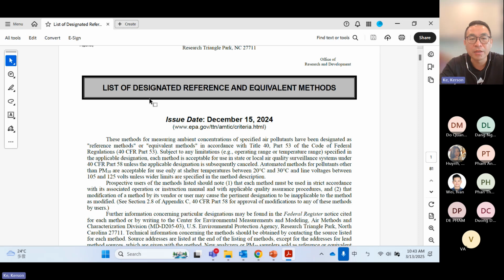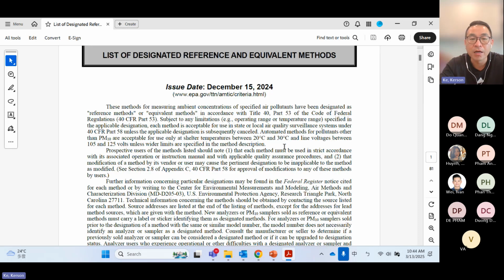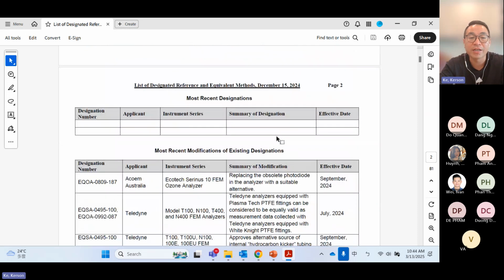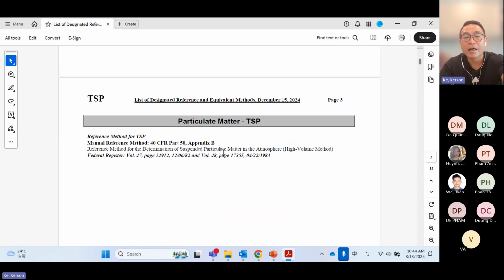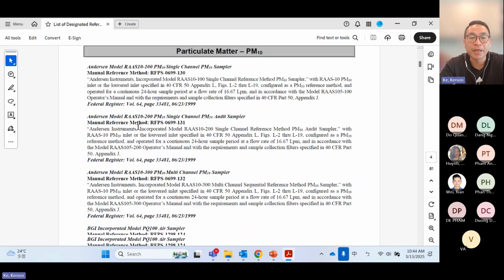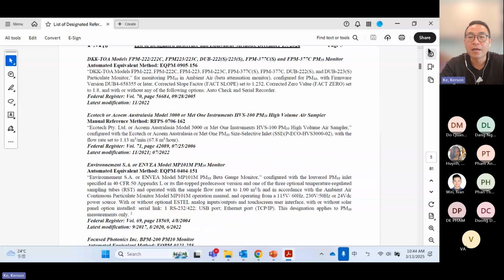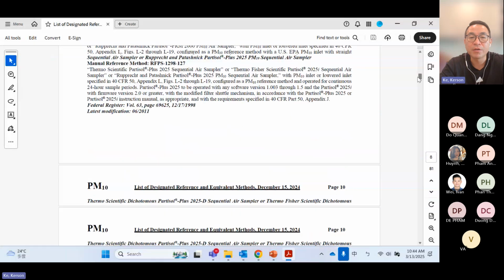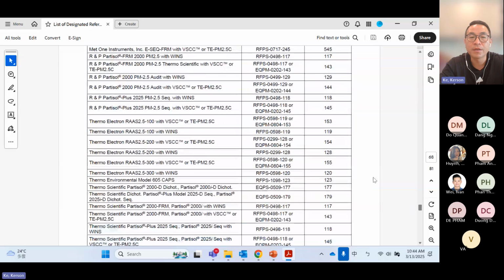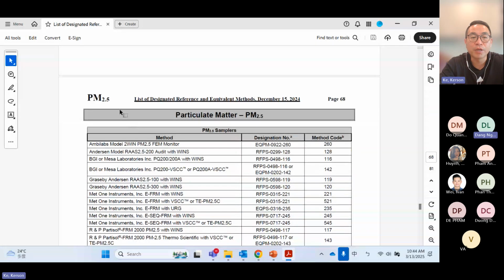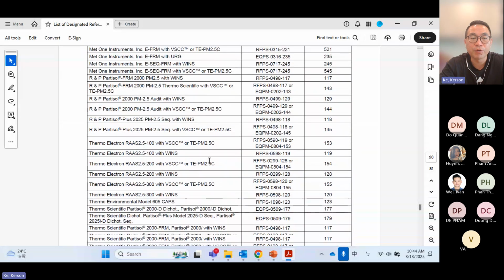So in the list of designated reference and equivalent methods, US EPA has a very clear statement on different brands, on different species like TSP, PM10. They have a summary table. Let me check here. So you can see that PM 2.5, different brands.